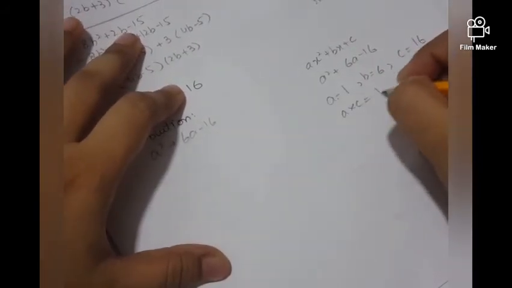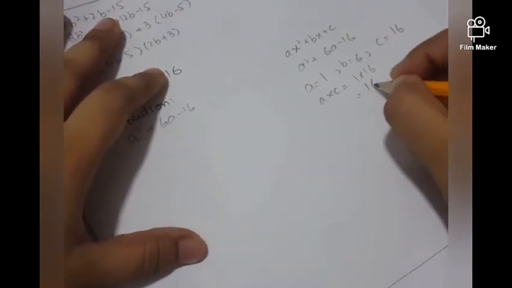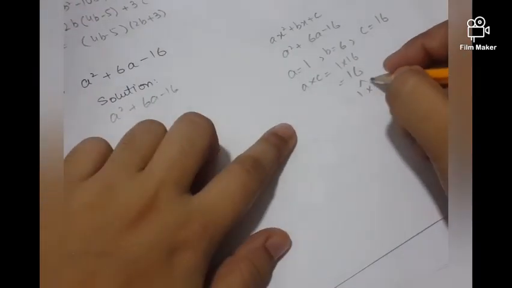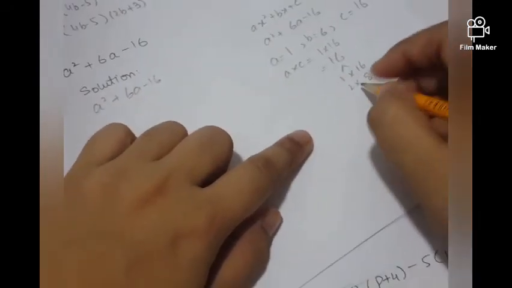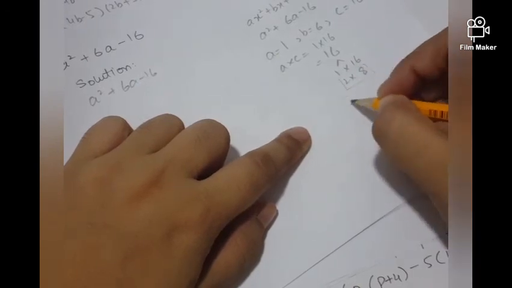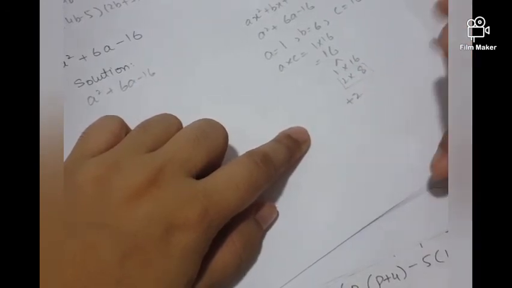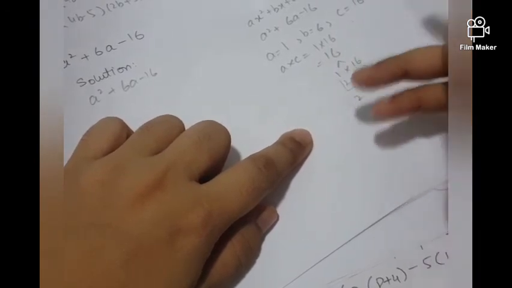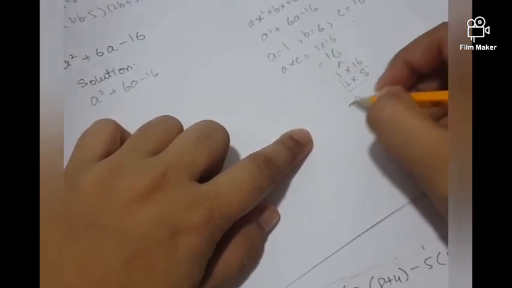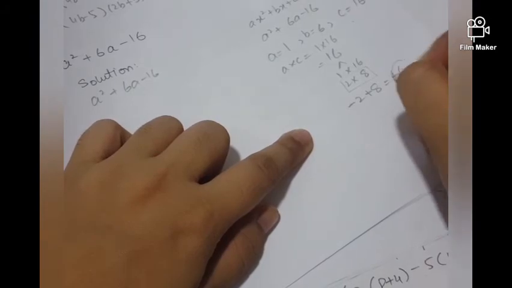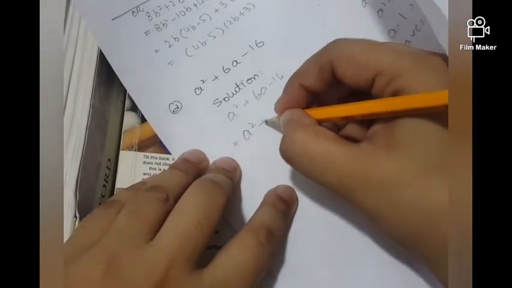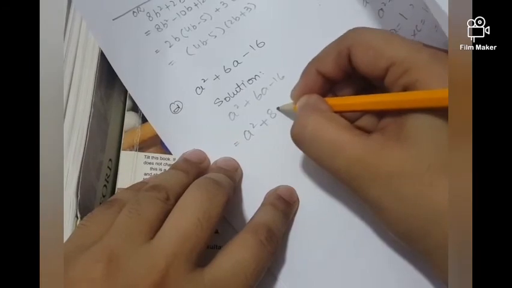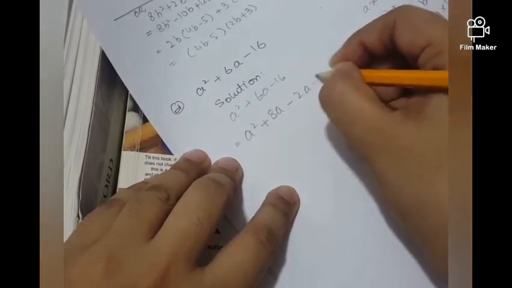Now a multiplied by c is 16, and 16 is a small number, so I'm just going to use the factors: 1 and 16, 2 and 8. I need a plus 6 because b is plus 6. So minus 2 plus 8 can give me plus 6, which is my b. So my breaking will be a square plus 8a minus 2a minus 16.